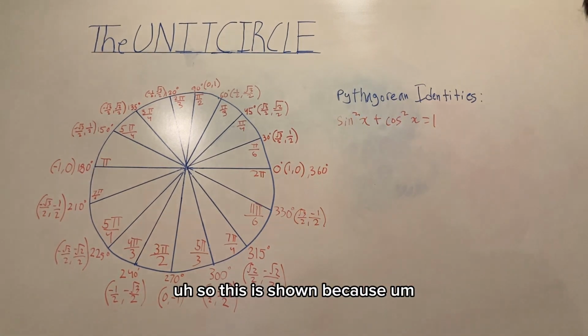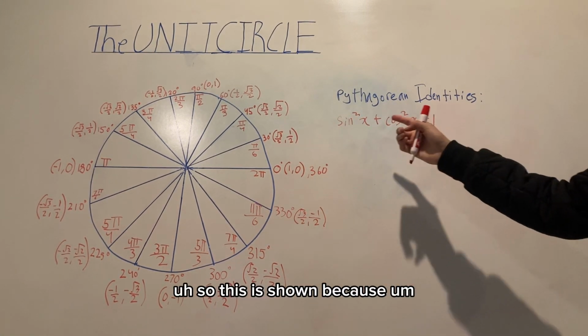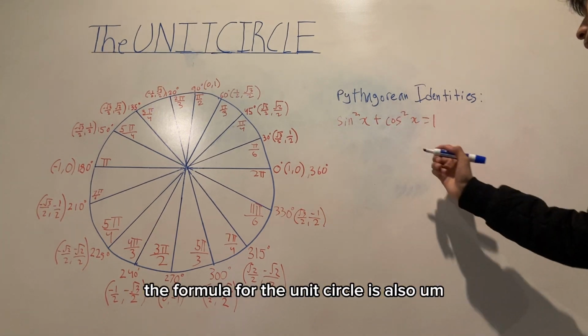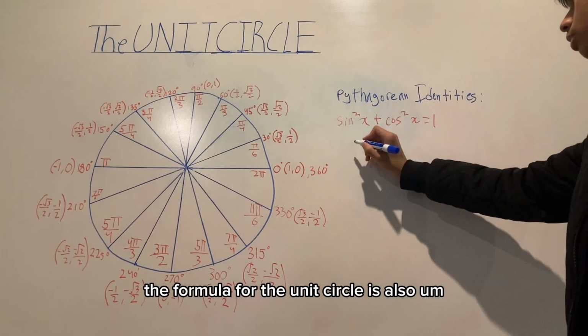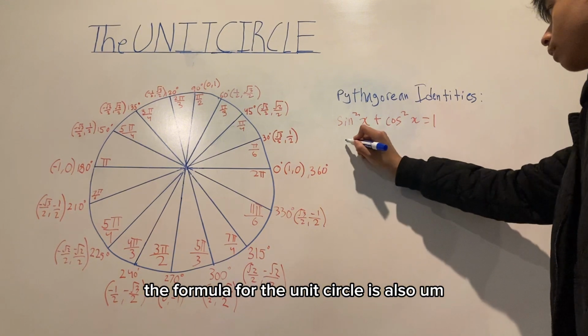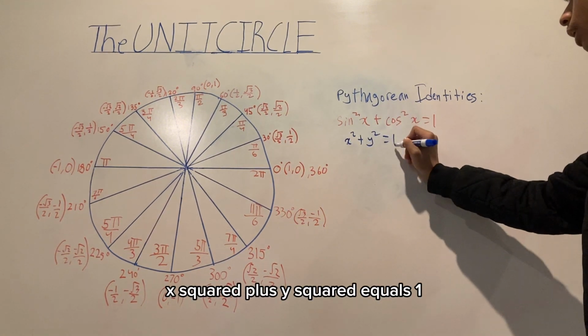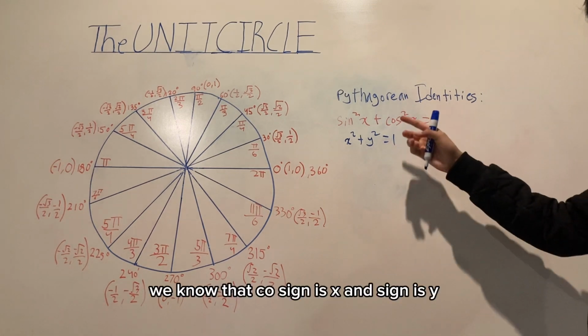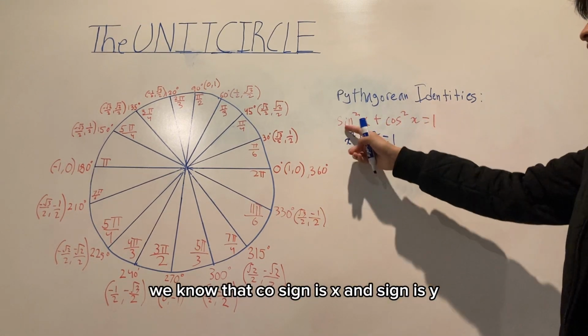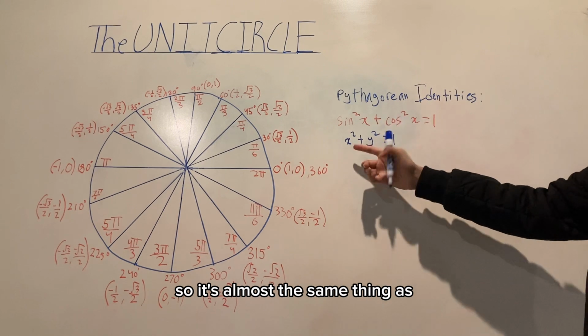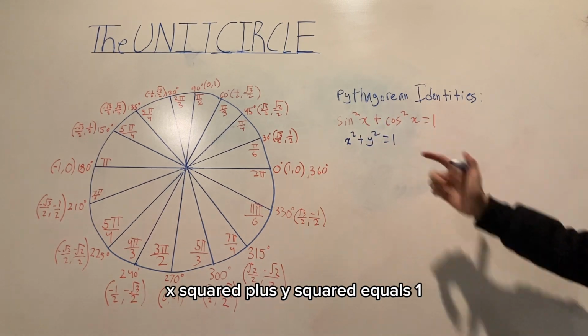This is shown because the formula for the unit circle is also x squared plus y squared equals 1. And if you remember back, we know that cosine is x and sine is y, so it's almost the same thing as x squared plus y squared equals 1.